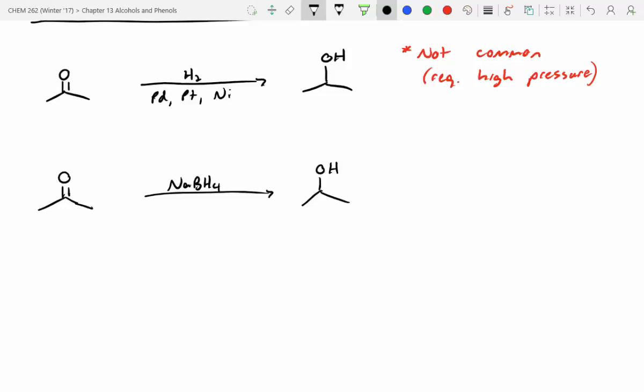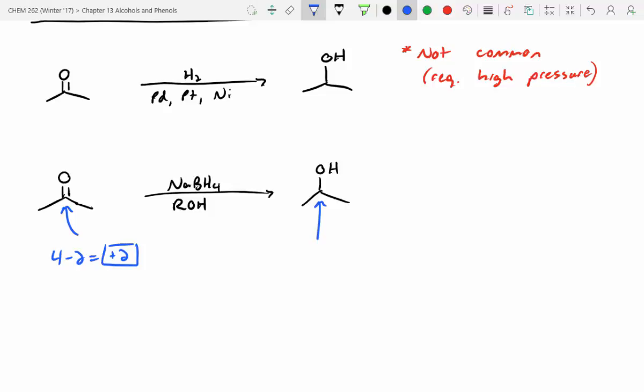What was that called again? Yeah, sodium borohydride. And we can run this reaction in an alcohol solvent. In this case, if we look at the oxidation state for this carbon, what is it going to be? Plus 2. 4 minus 2 would be positive 2.